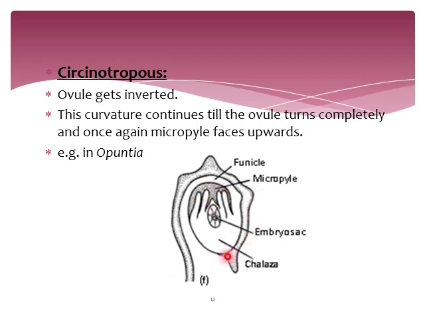This curvature of the ovule or funicle continues till the ovule turns completely, and in this case, you can see here that micropyle faces once again upwards. Such type of ovule is known as circinotropous, and it is found in Opuntia.